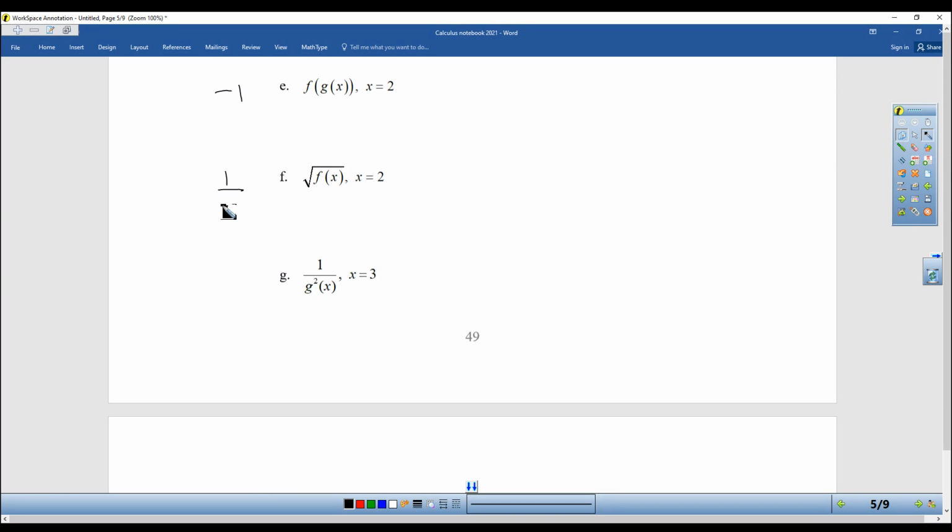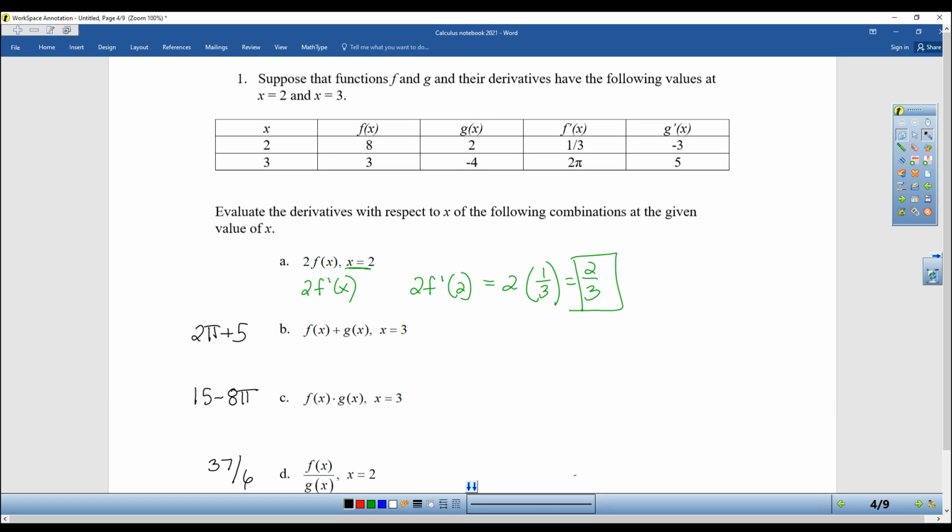F is 1 over 12 square roots of 2, or you can rationalize the denominator. But they don't tend to do that in AP, so we're going to let it go. And G, right? So you can write down those answers in your margin. If you get them right, you can skip this whole portion of the video.